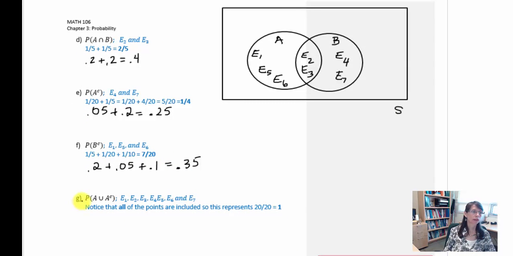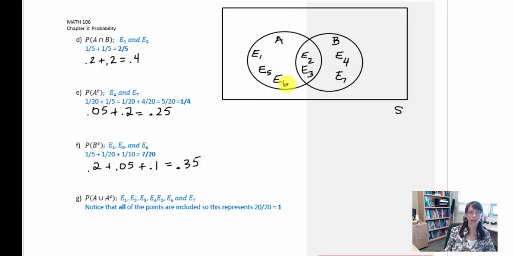Event G says we're looking for the probability of A in union with the complement of A. So if you look at A in union with the complement of A, that means we want everything in A or everything not in A. So everything that is in A, that's points 1, 2, 3, 5, and 6.